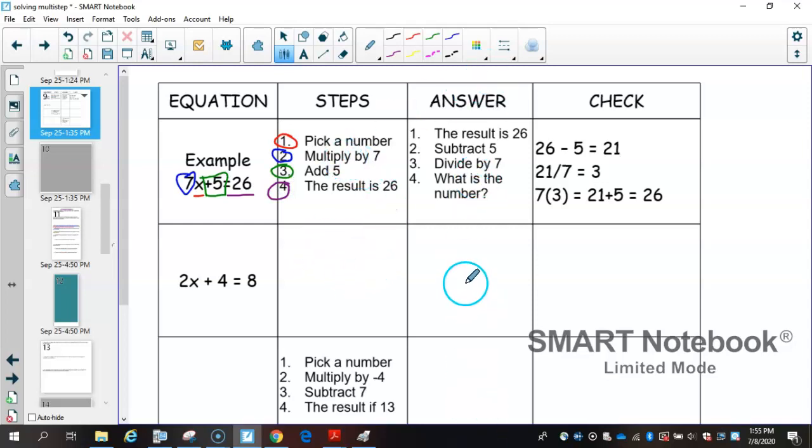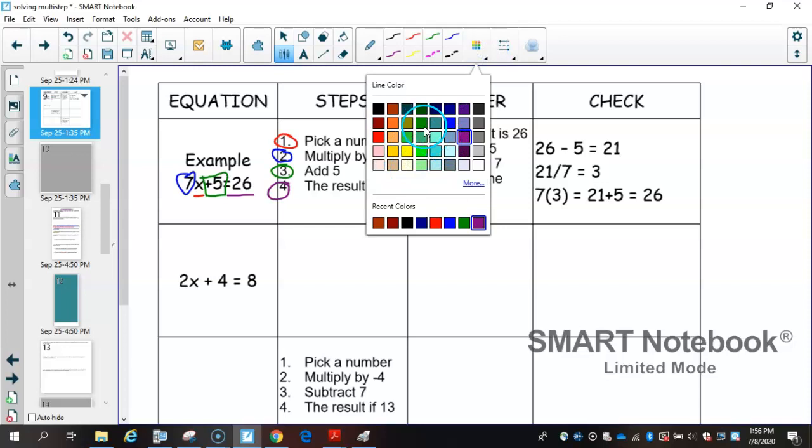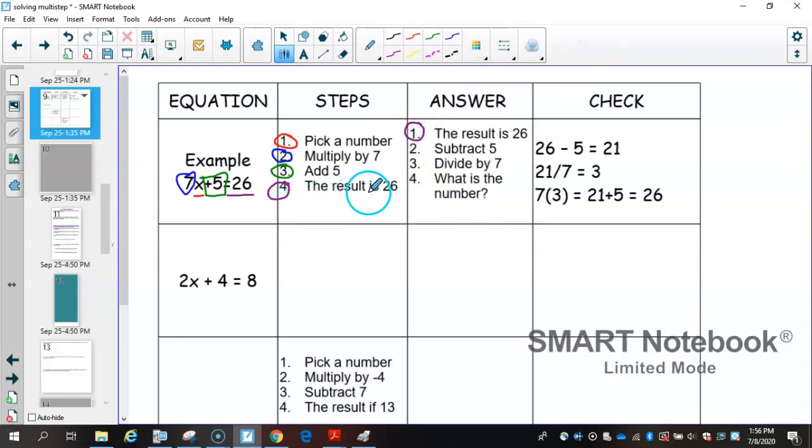Then in this answer column, it kind of works backwards. It always starts off with the last thing you said in the steps column. The result is 26. And then you're doing the opposite of what you said here in reverse order. So the result is 26. That's the first step in the answer column. And then if you go back to number 3 in the steps column, you're doing the opposite for the answer column.